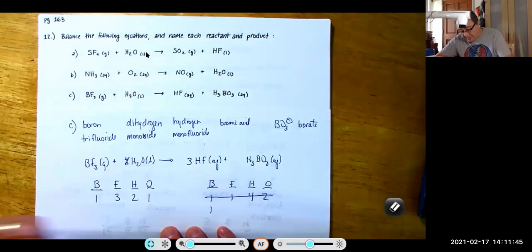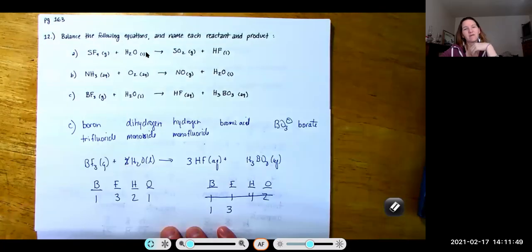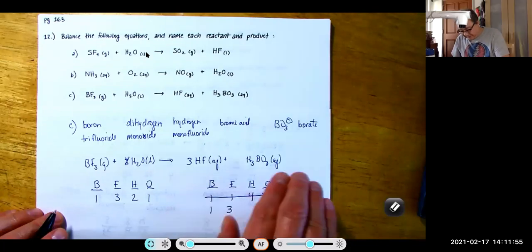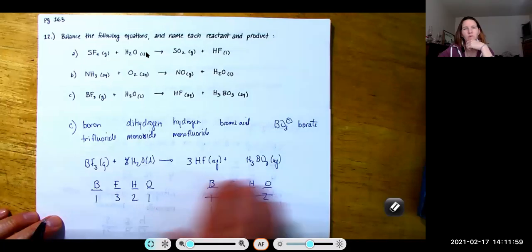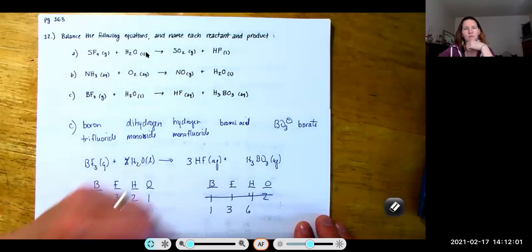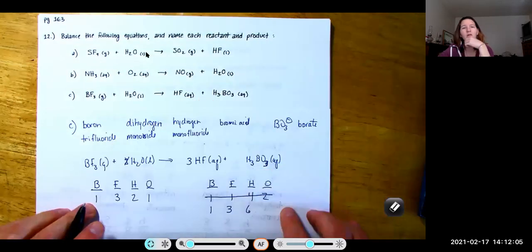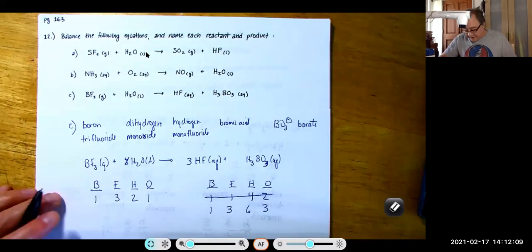There darn well better be, because we changed that number so that there should be 3, right? How many hydrogens? 6. How many oxygens? 2. This is a 3. Oh, 3. And the reason you got that wrong is because I didn't have the 3 written out very well.